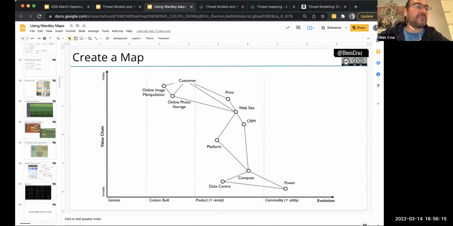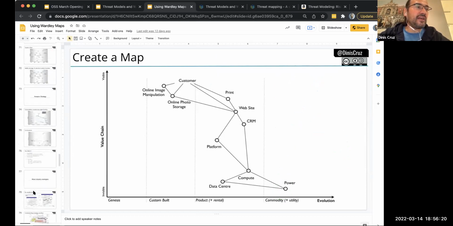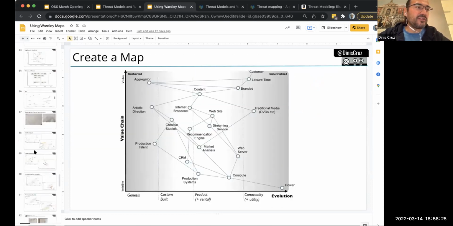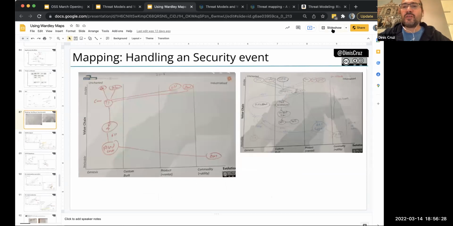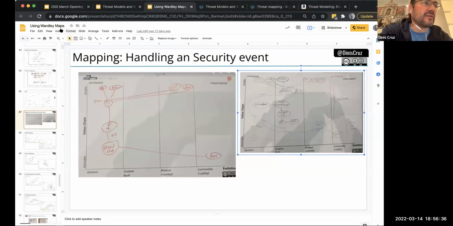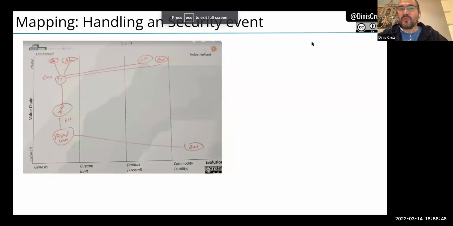So one of the examples I have here, which I think is probably interesting, I apologize because this is done on paper, but I think it kind of shows the thinking. Let me just hide this quickly. If you look at this part here, on the left, what I've mapped was an incident response. I know you can't read my handwriting, but I'll tell you what it is.